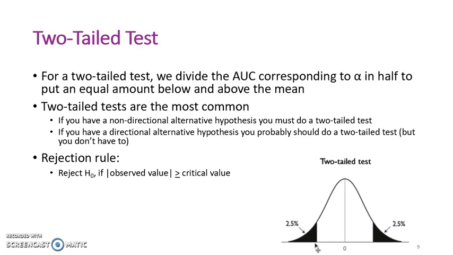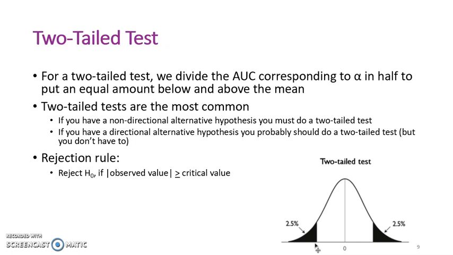So for example, if we think that our mean is just not equal to 0, but we're not sure if it's higher or lower, then we have a two-tailed test because we have a non-directional alternative hypothesis. If you have a directional alternative hypothesis, you could do a two-tailed test, but you don't have to.